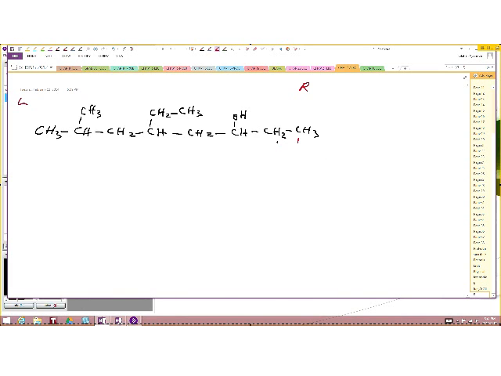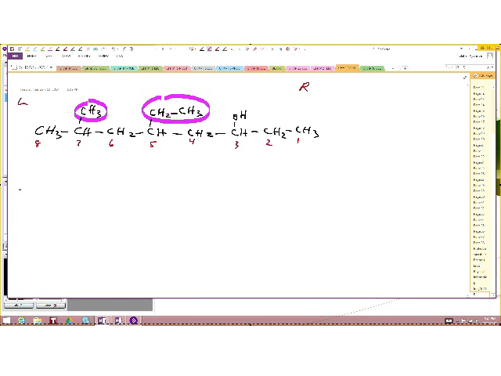So this becomes 1, 2, 3, 4, 5, 6, 7, and 8. That means we now have a substituent on carbon number 7 and another substituent on carbon number 5. So what will be the complete name for this molecule here?